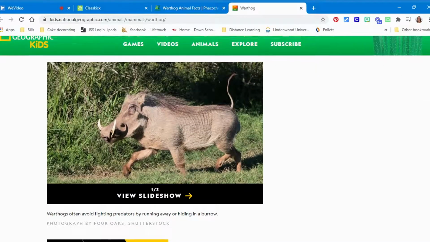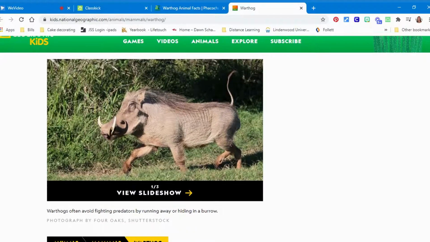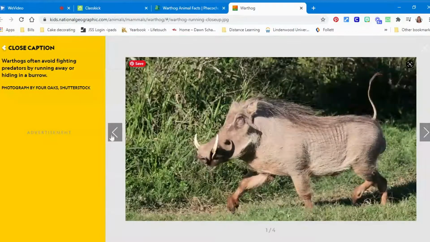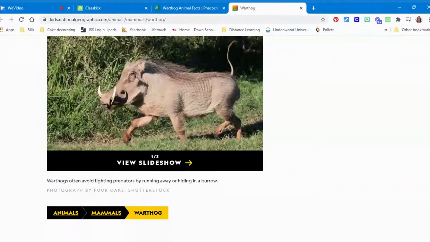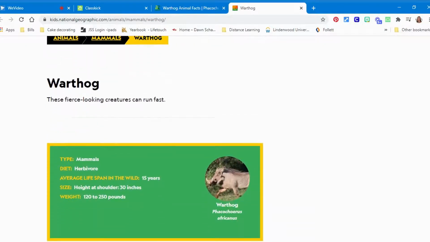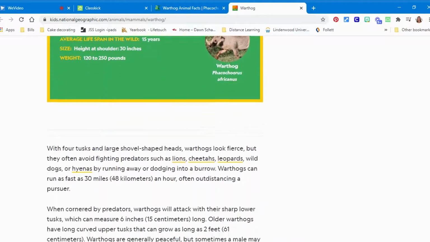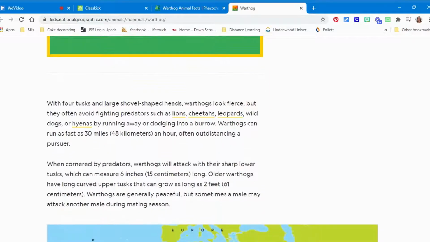So here I am on National Geographic, and you can click on View Slideshow. The slideshow does give you some captions off to the side that gives you some information. But then also, if you scroll down, there will be some information about the warthog as well. So I'm looking for what it looks like.